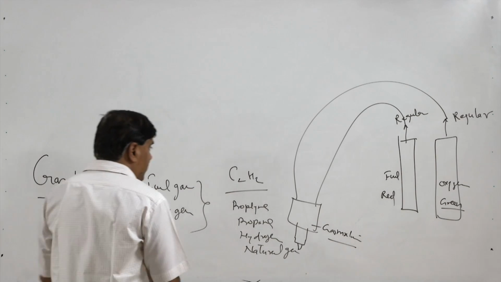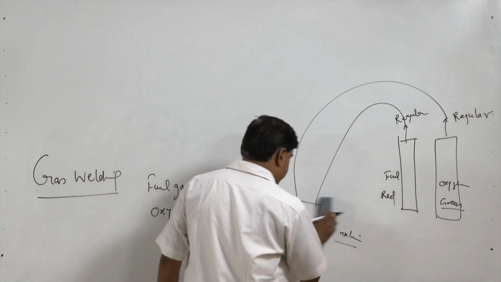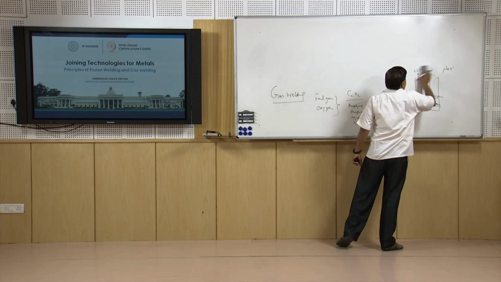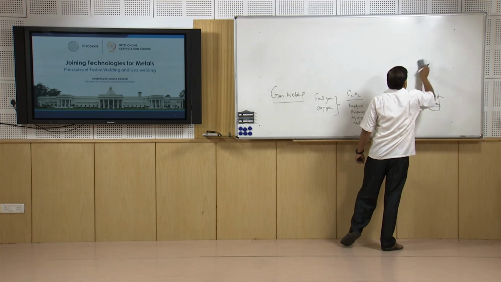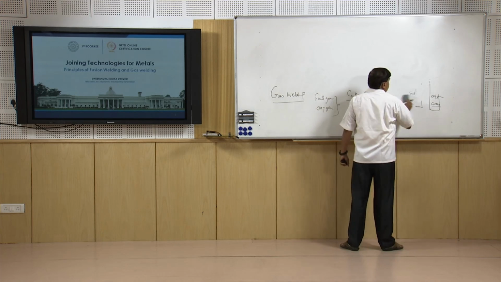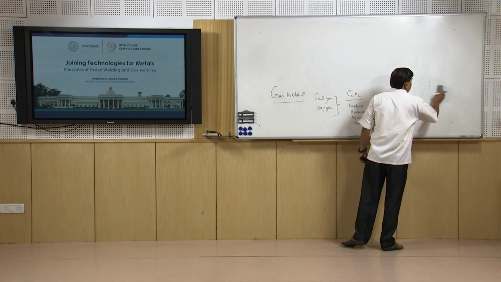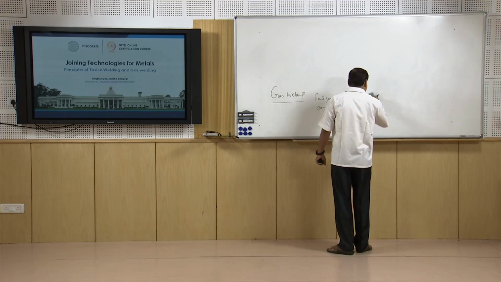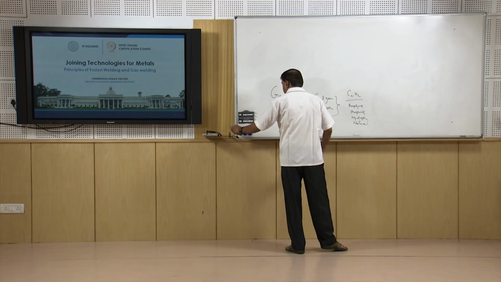So, the important thing is the kind of gas flame which is formed in case of gas welding, because that affects the performance of the welding as well as its capabilities.